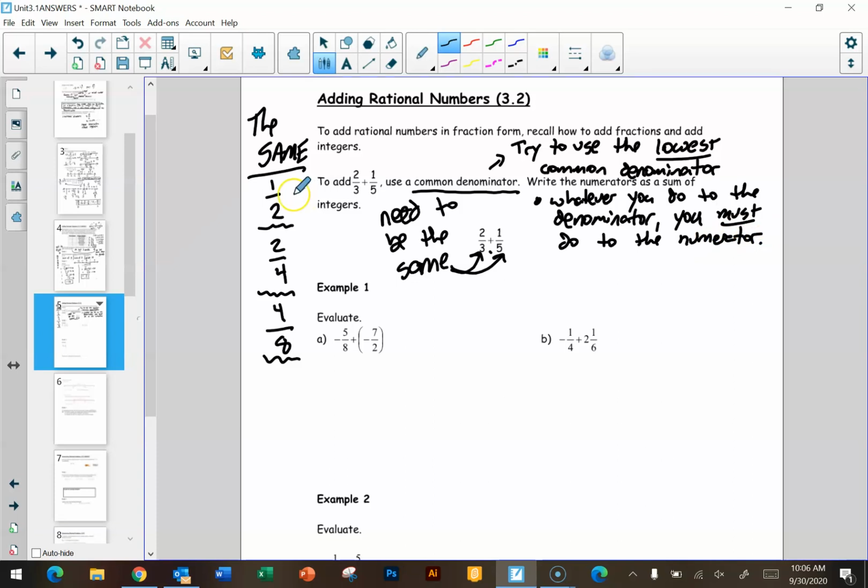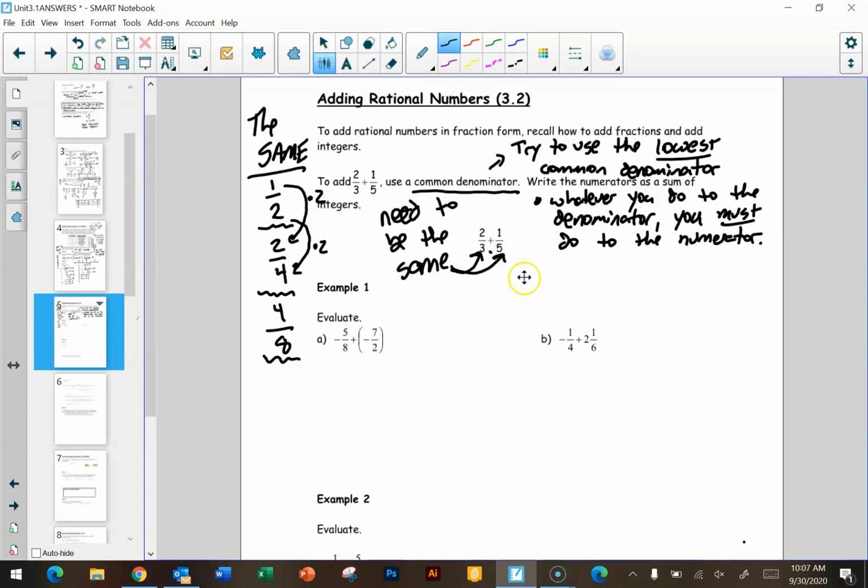In order to go from half to 2 over 4, the denominator is 2 times 2. If I just changed the bottom and left it as 1 over 4, 1/4 is not the same thing as 1/2. So I've actually changed it. Whatever you do to the numerator, you also have to do to the denominator, and vice versa. If I multiply the denominator by 2, I also have to multiply the top number by 2. Otherwise, I'm changing the value.